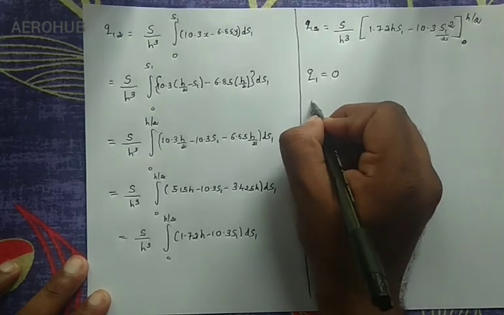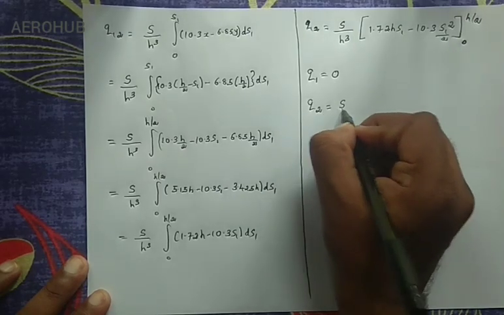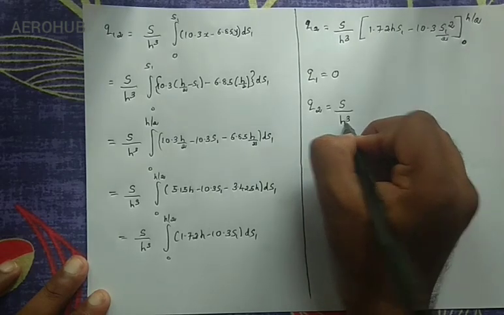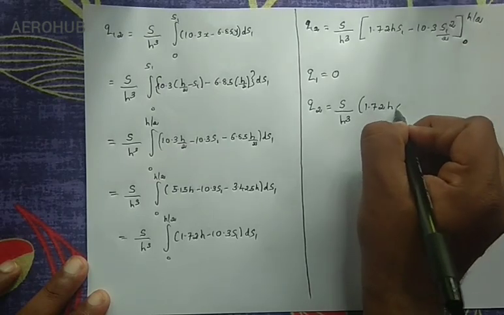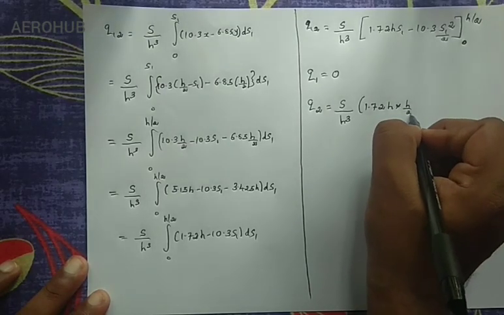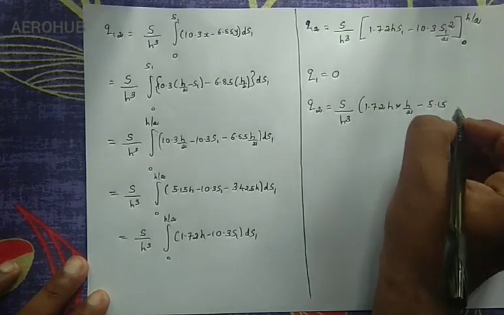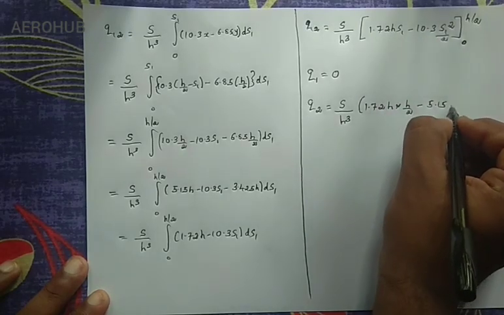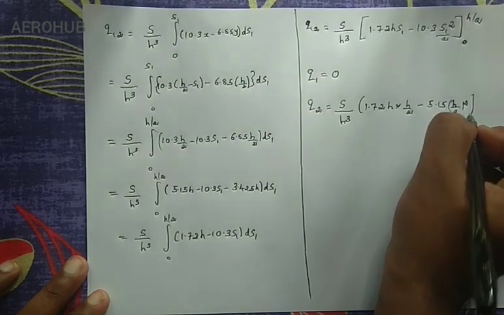Okay. And q2 will be equal to S by h cubed times 1.72 h, S1 will be h by 2, minus 5.15, we have 5.15 times h by 2 the whole square. Okay.